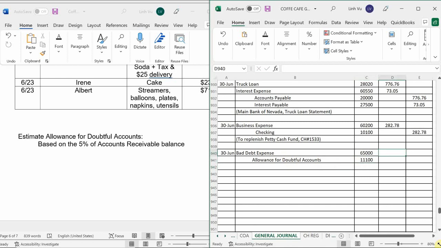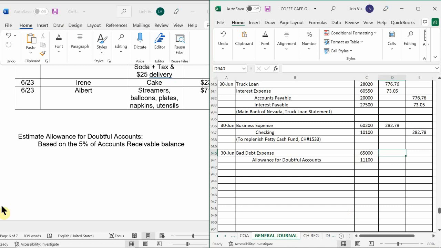Now, how much is 5% of my total accounts receivable? Where do I need to go to find out my accounts receivable balance?